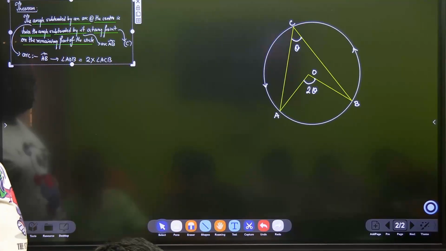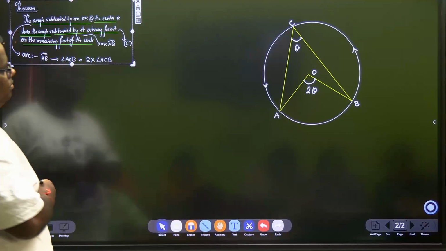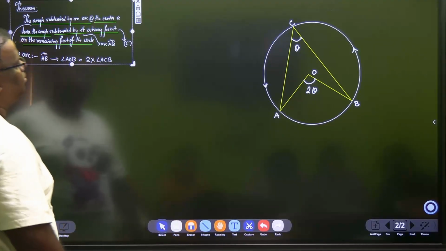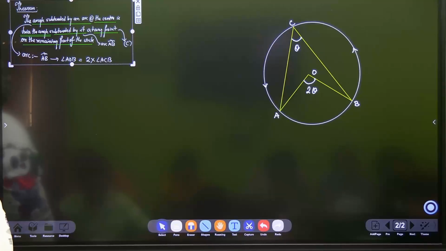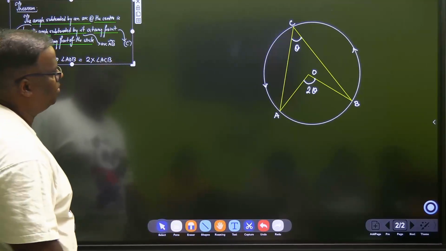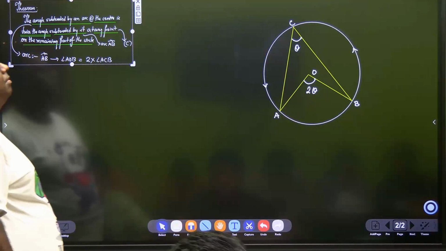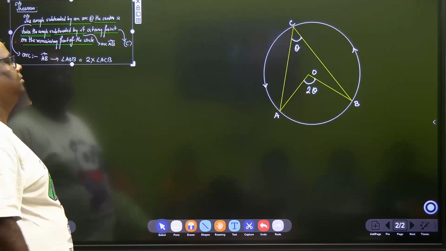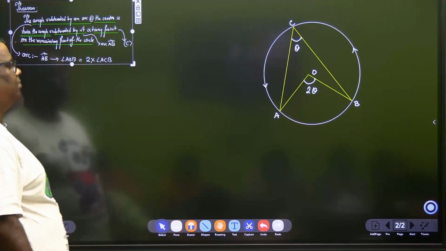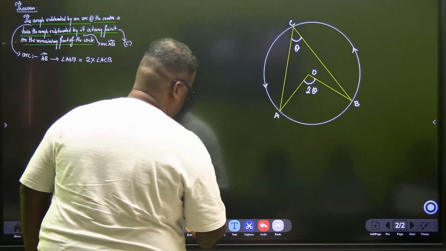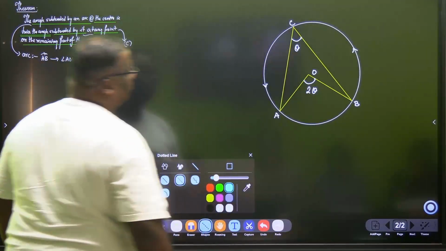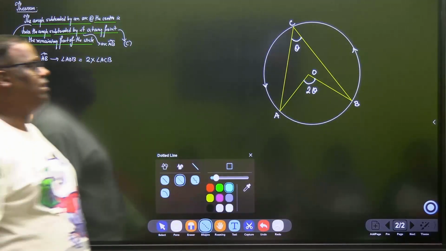Have you understood this? Good. Shall we have a look at its proof?